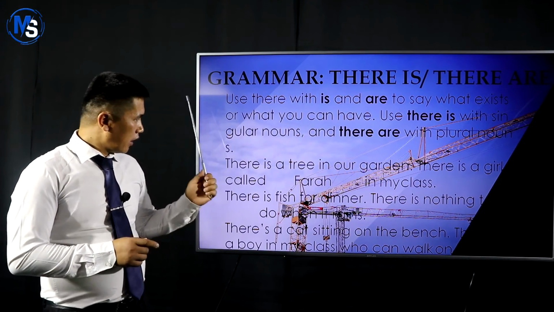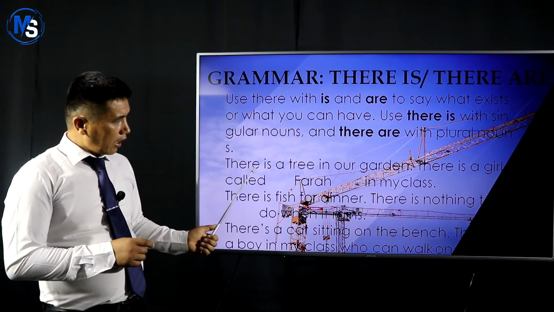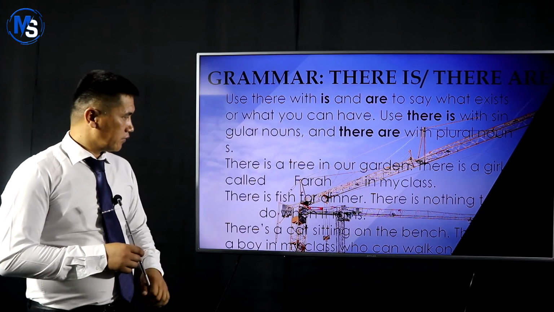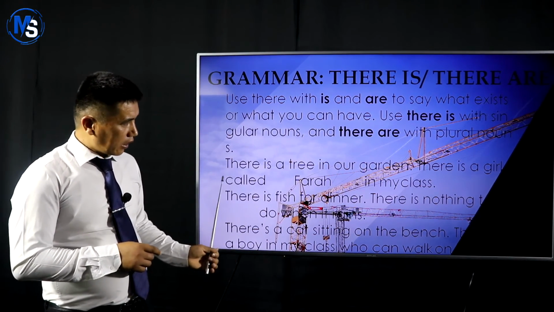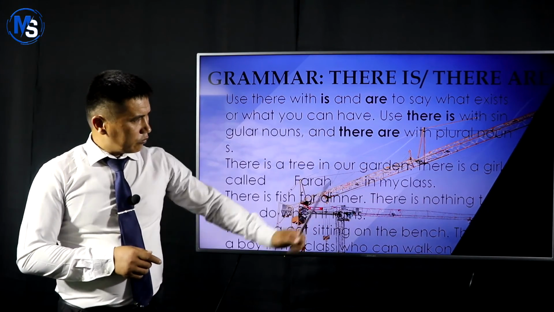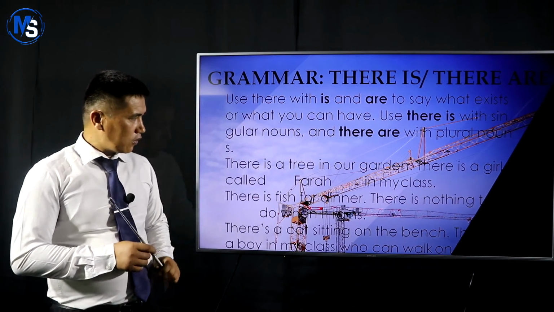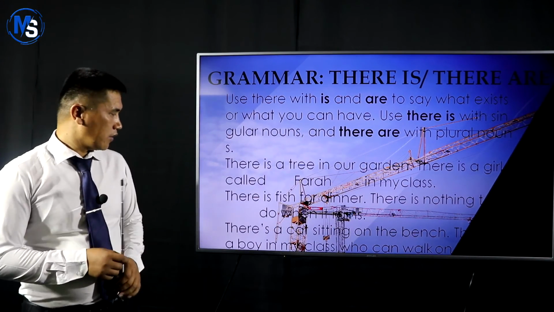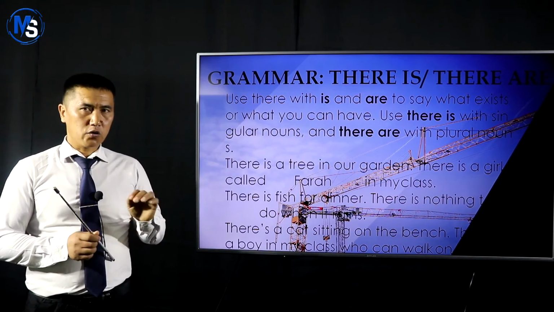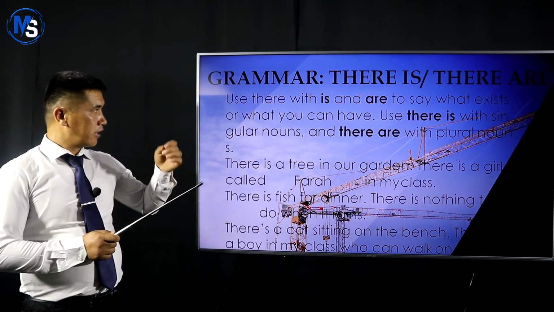And right now I am going to show some examples from this book. For example, there is a tree in our garden, yeah? There is a fish for dinner, and there are others. In this grammar construction, the question starts with the verb first.